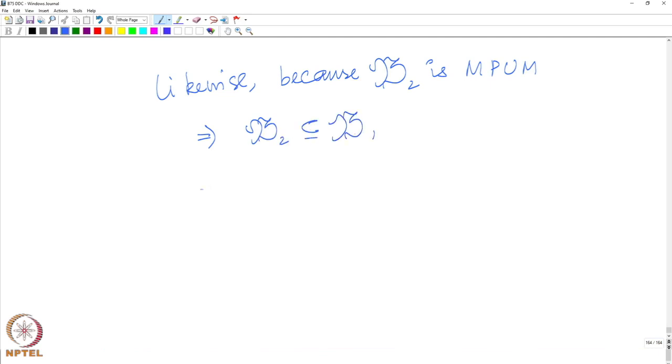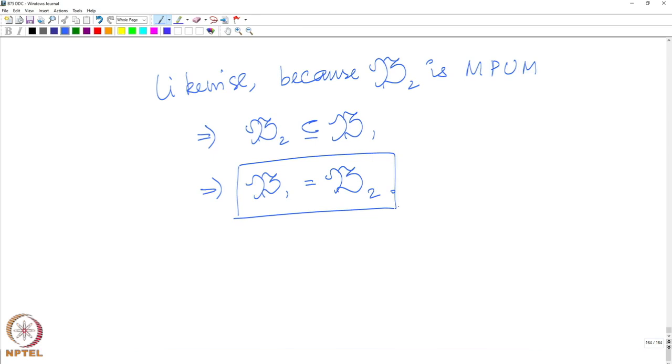So, we have both containments together, we must have B1 equal to B2, that is it. So, uniqueness in fact immediately follows.